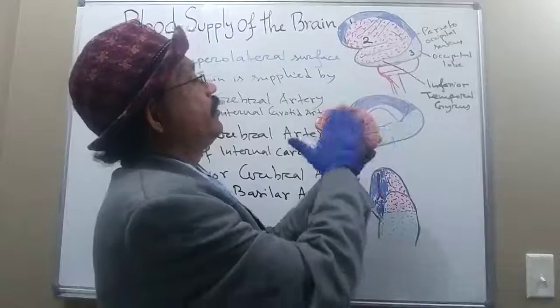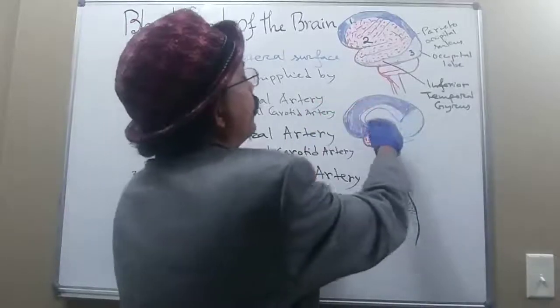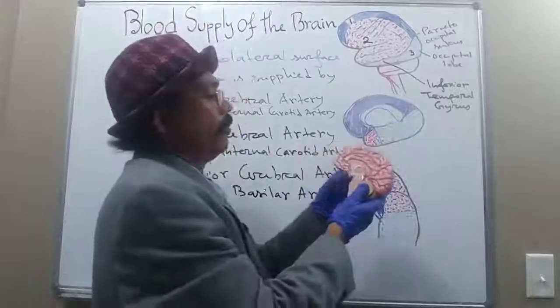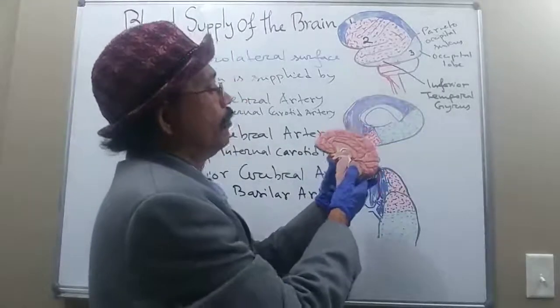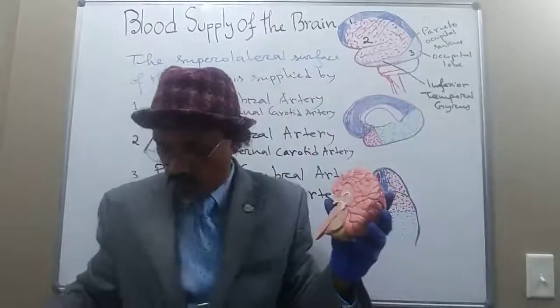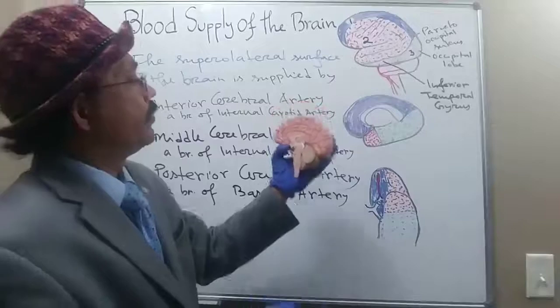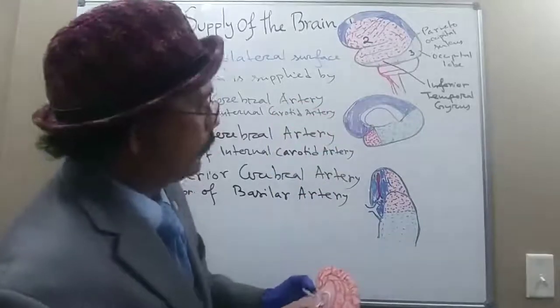Okay, this is the medial surface. We have the corpus callosum here, with the septum pellucidum, and we have the fornix. So for the medial surface, what is the blood supply?